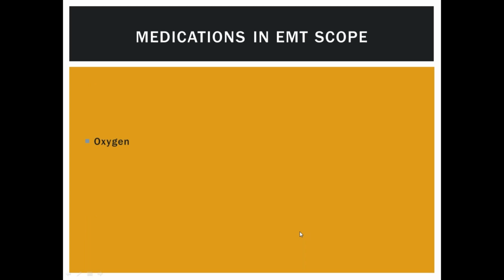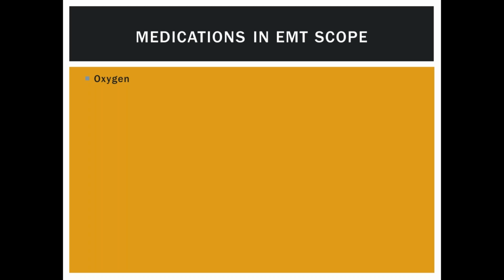So the medications that we're going to be looking at within the EMT scope of practice, and remember with scope of practice, this is always going to pertain to the state that you're working in. And then when you get more specific, it will fall under the organization's medical director, of what they choose to allow certain EMTs or paramedics or EMRs, what their scope of practice is within those set medical guidelines with the specific organization.